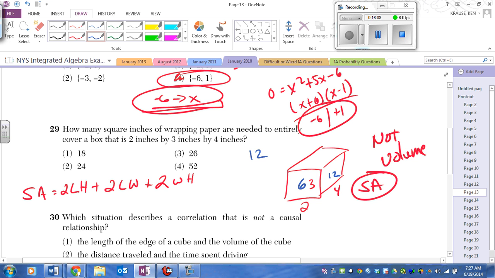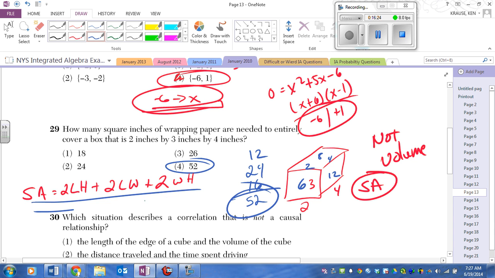The left and right sides are both 12, so that's 24. And then the top is 2 by 4, that's 8, and the bottom's 8, 8 made is 16. It's 40, 52. We're going to plug into the formula, or just use your calculator.